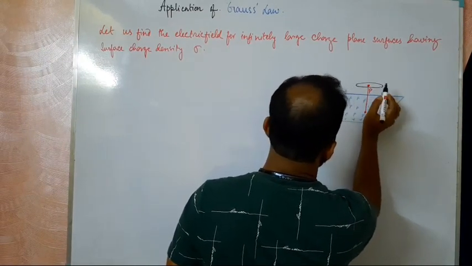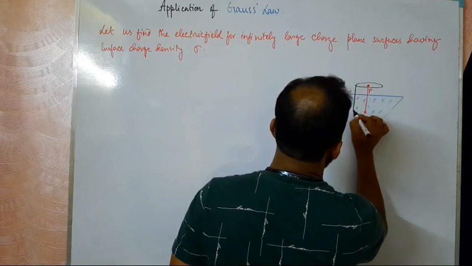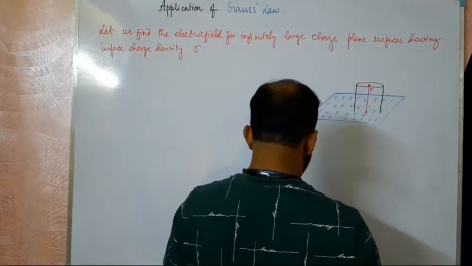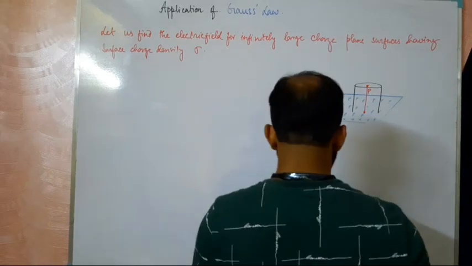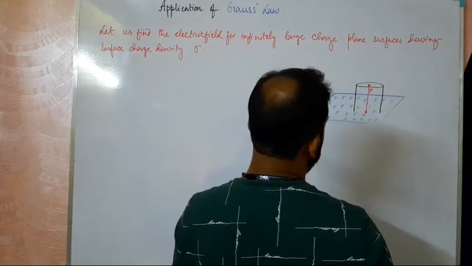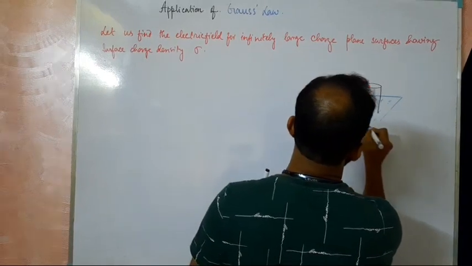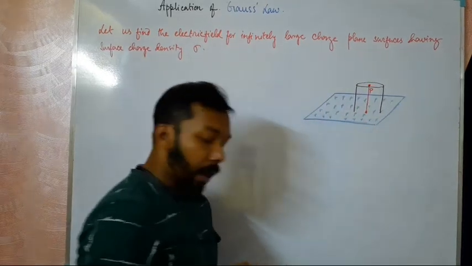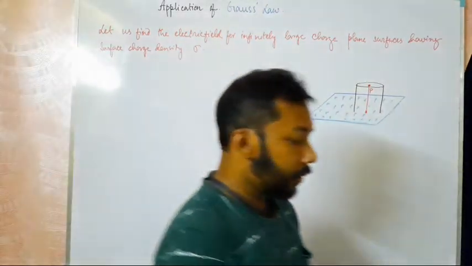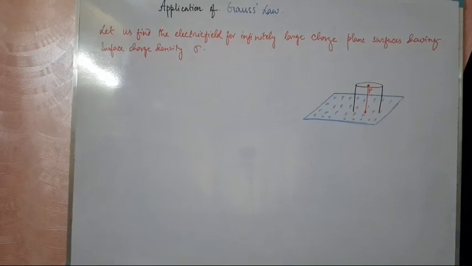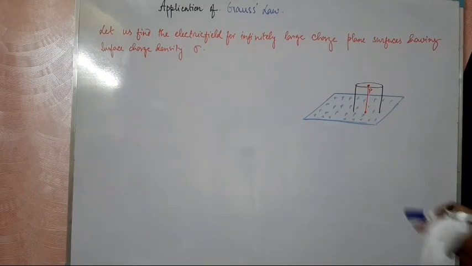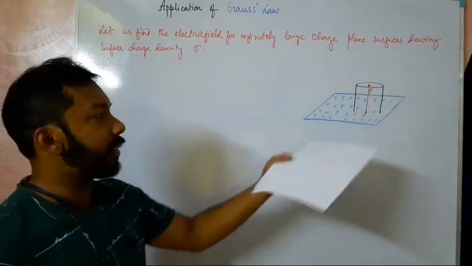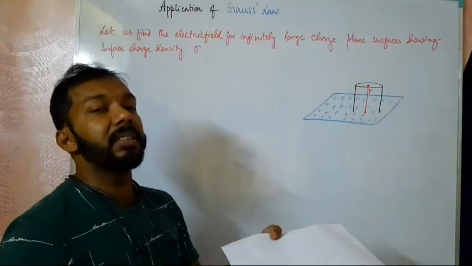The cylindrical surface must be such that it can enclose the total charge. Now imagine we have a page, this thin sheet, and that page contains charge.